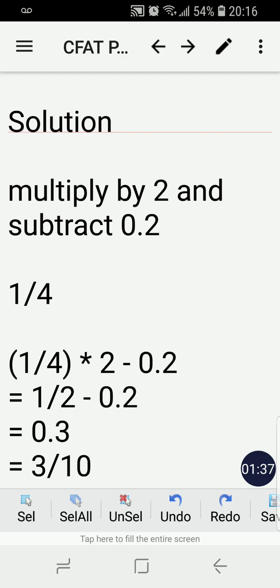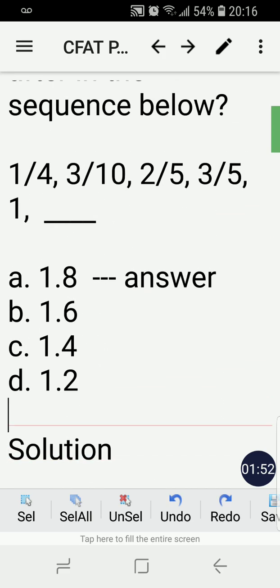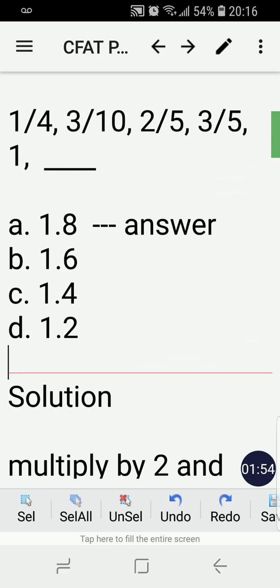So the key here is to multiply by 2 and subtract 0.2. We start with the first number in the sequence, which is 1/4.